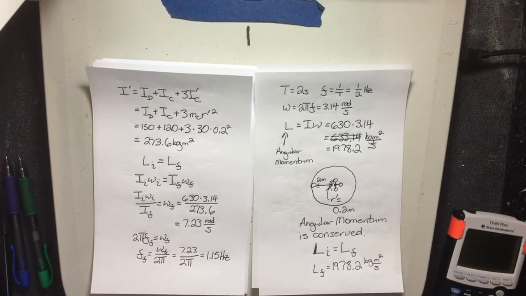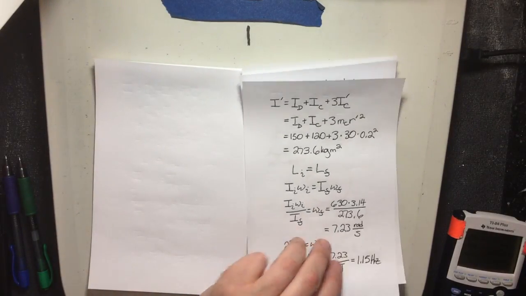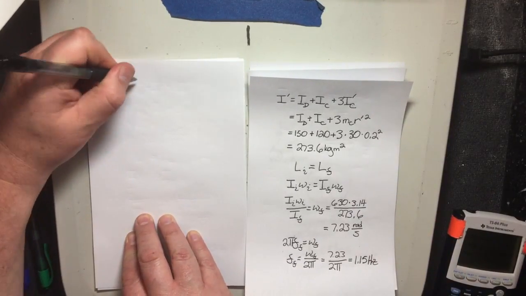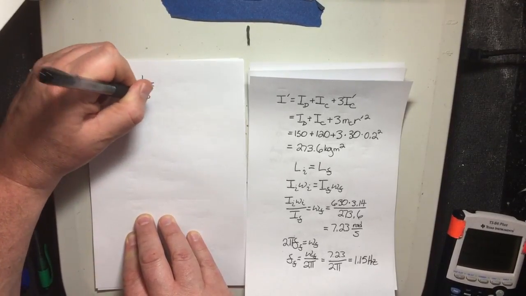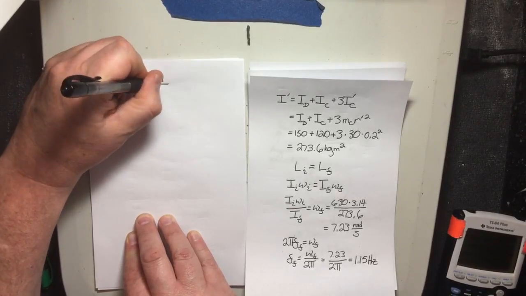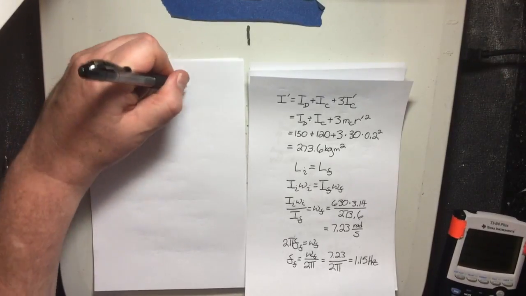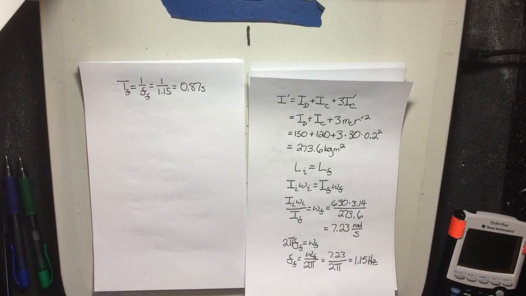The initial frequency was half a hertz. The new frequency is 1.15 hertz. In this case, the new period is now 0.87 seconds. So instead of making one turn every 2 seconds, it's now making a rotation every roughly 9/10 of a second. So this thing spun up.